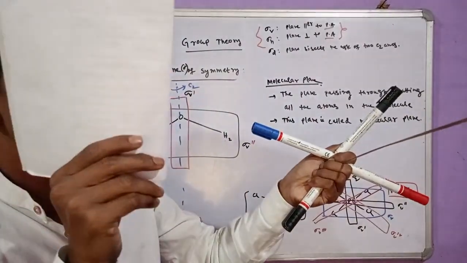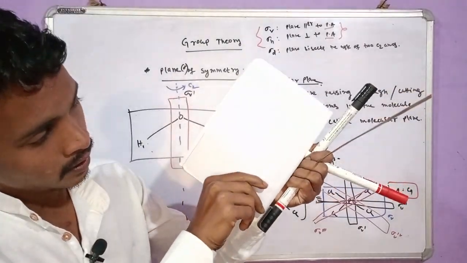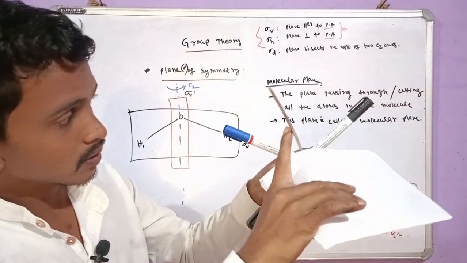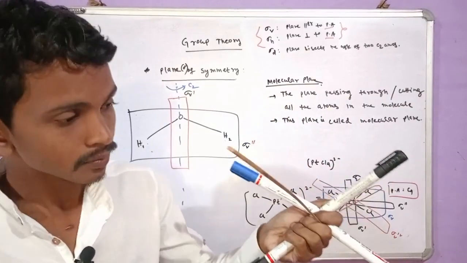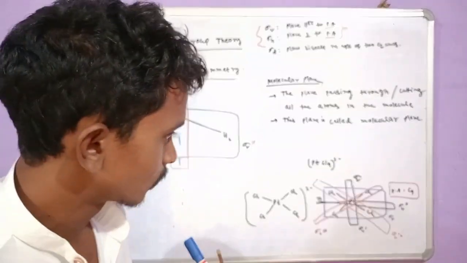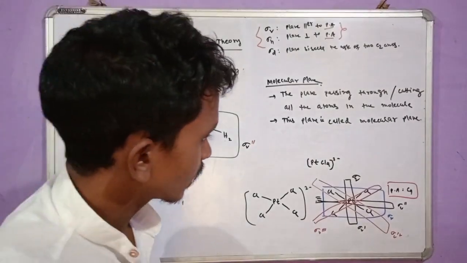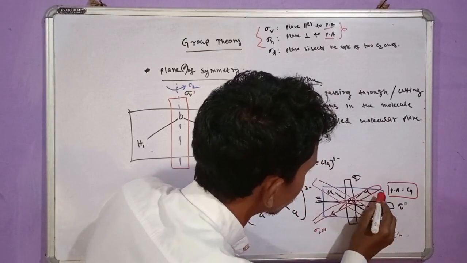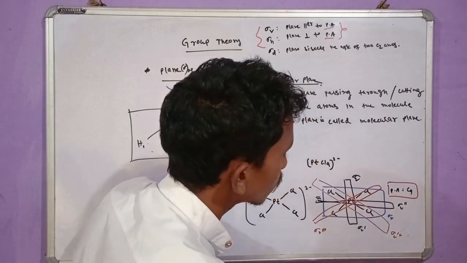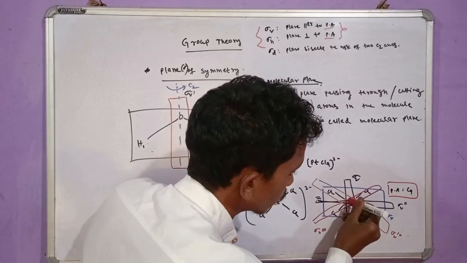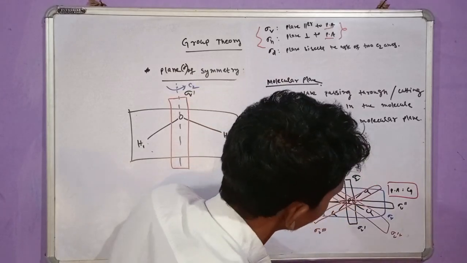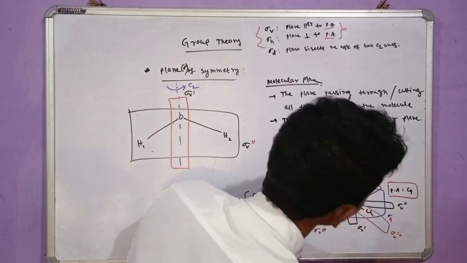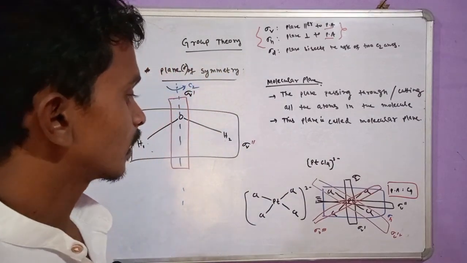A plane which cuts all the atoms, like this, is perpendicular to the principal axis. This molecular plane is perpendicular to the principal axis, which comes like this, and it cuts all the atoms. So this is the horizontal plane, sigma h.